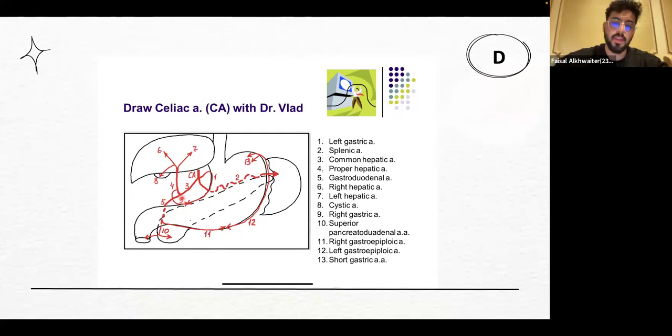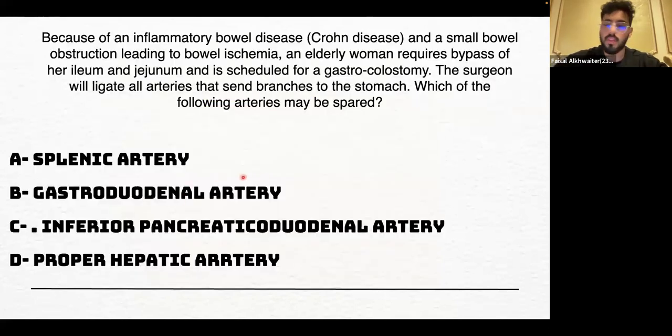The right gastric artery is at the lesser curvature, so the ulcer is in the lesser curvature. It's just a question that exams test you on, whether you know where the location is. I think that wraps up that question. So let's go to the next question.